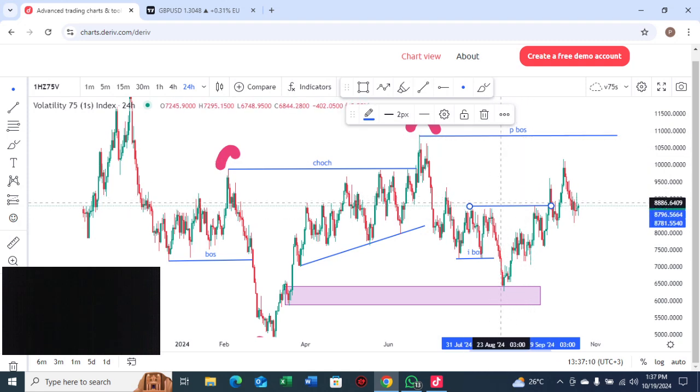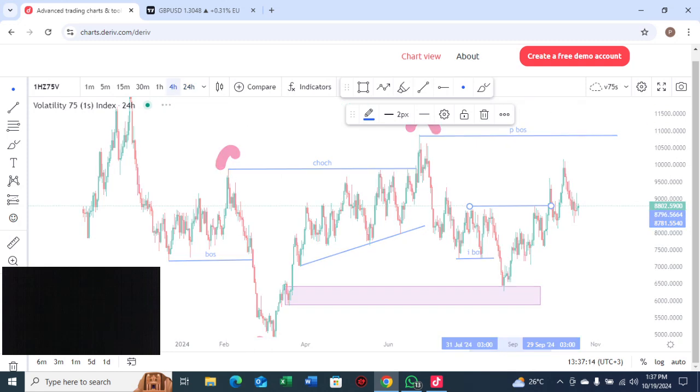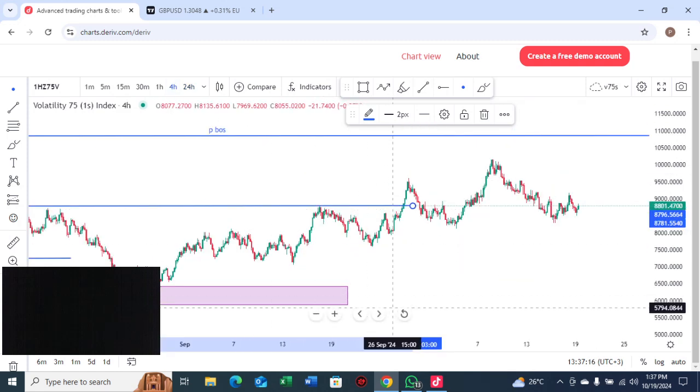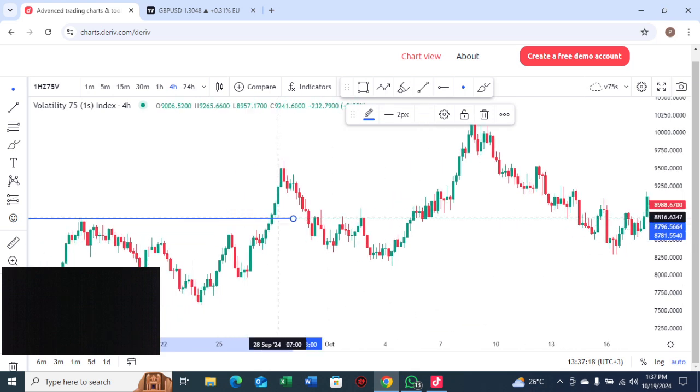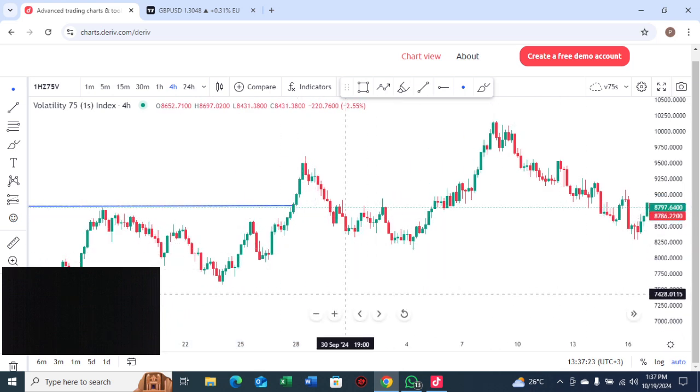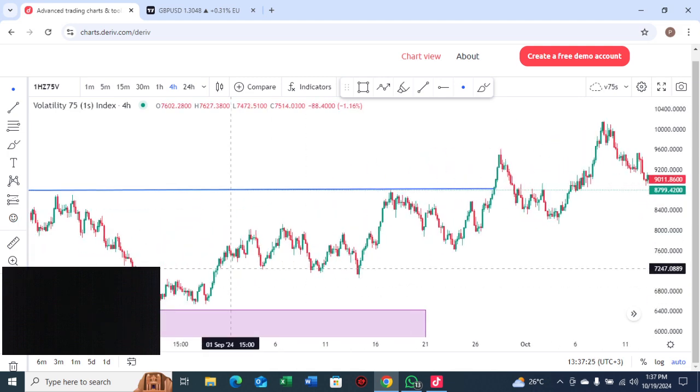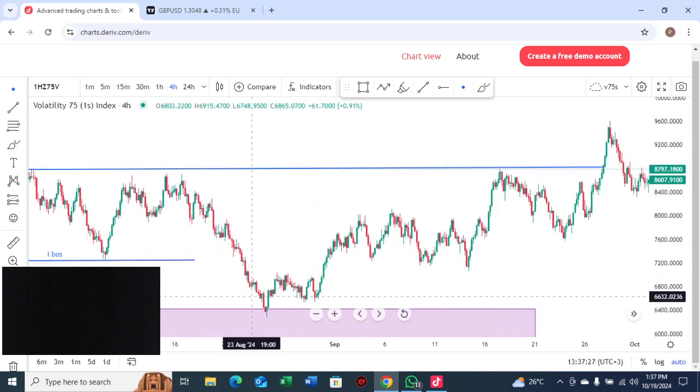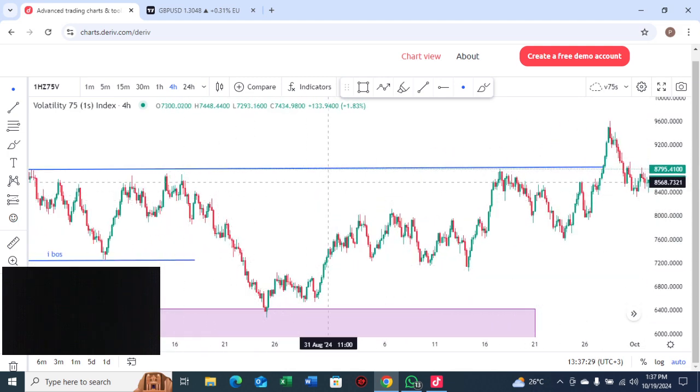So after this break of structure, what do you need? You can even go to the lower time frame now, so that you have a setup, and you can see how the market has been behaving. After the mitigation on the higher time frame, there was our internal change of character.